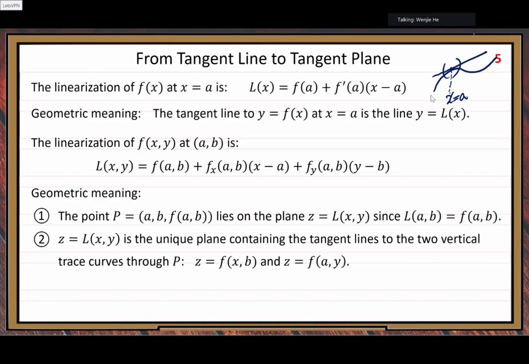First curve and the second curve. Let me draw the picture, because in this case, it's not easy to see. I need to draw the 3D graph, with x, y, z coordinates. All right, so here.